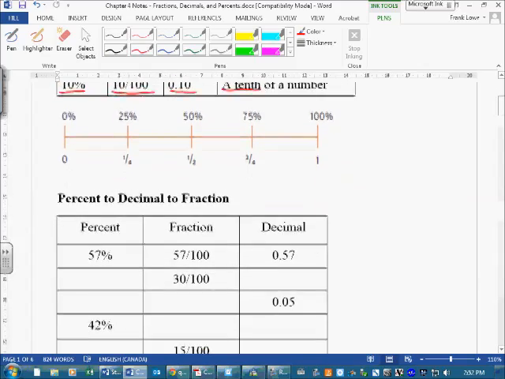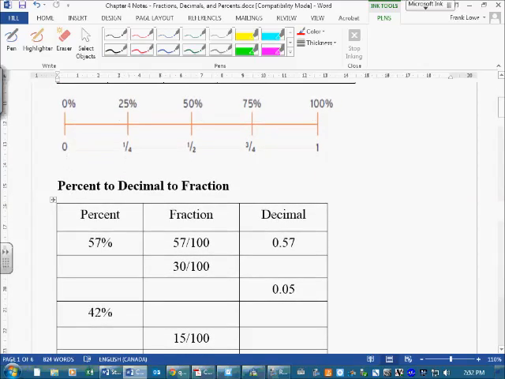What I want to show you here in this number line is if we've got 0 right here and 1 right here, we need to know what comes in between. So we've got our percents here. 0 is obviously 0%. 1 whole, that's the whole shooting match, that's 100%. Right in the middle, that's 50%, and as we saw on that chart, that is also the same as 0.50 or 0.5.